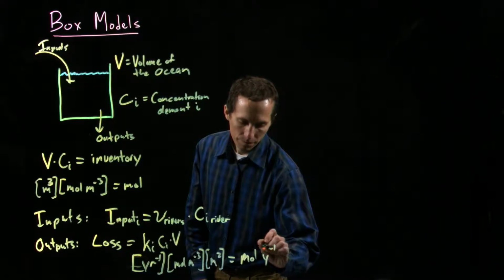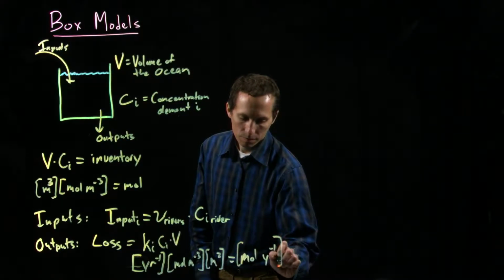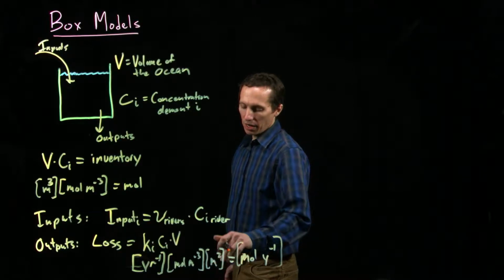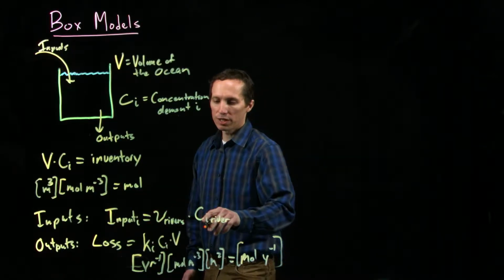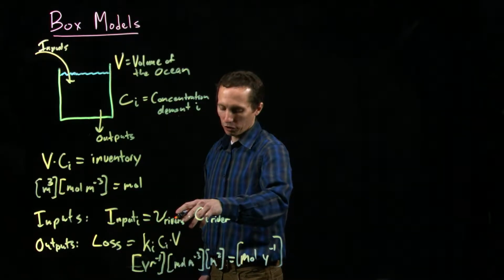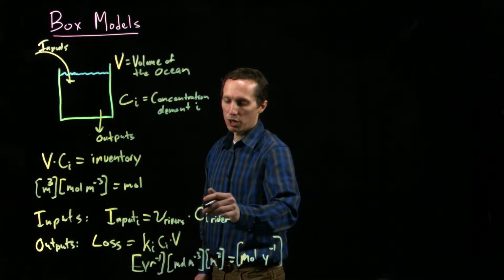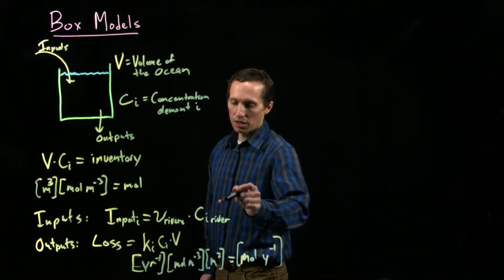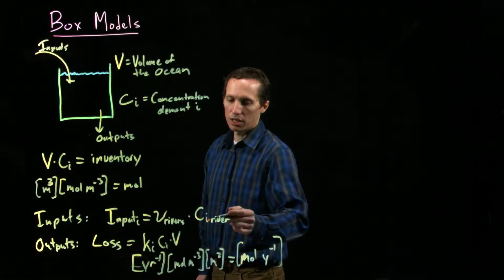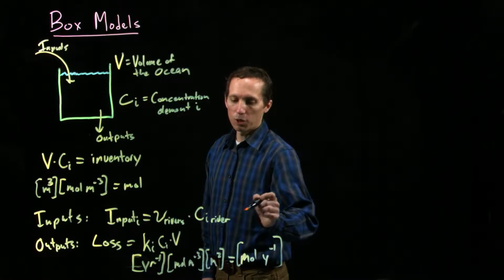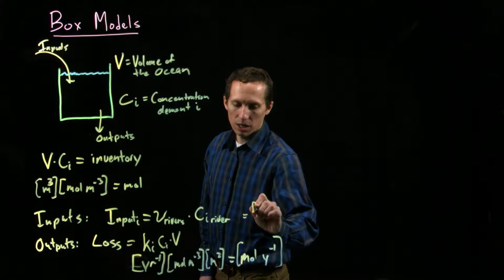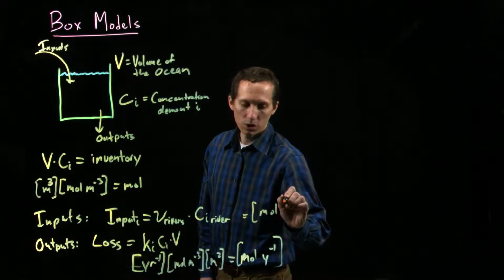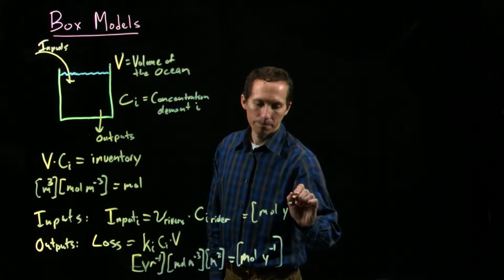And similarly for the inputs, if the volumetric flow rate is in cubic meters per year and the concentration is in moles per cubic meter, this is also in moles per year.